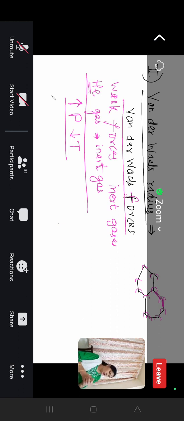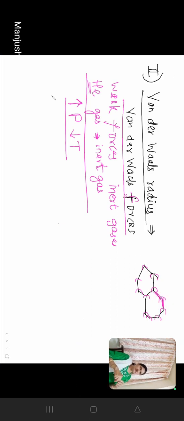Also, if we decrease the temperature, the atoms will come close to each other. When they are maximum close to each other, then internuclear distance is measured, and again half of the internuclear distance is the radius of that helium gas.